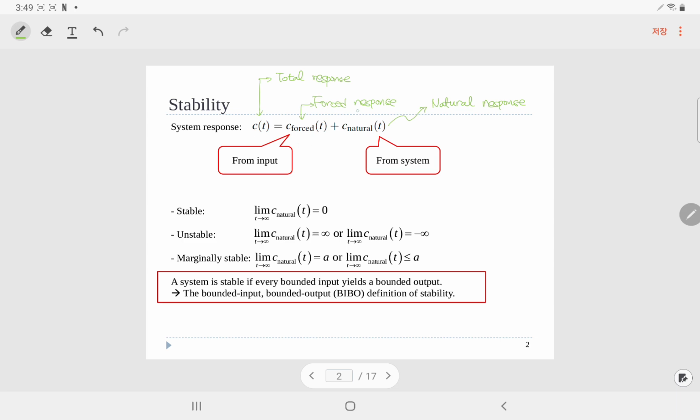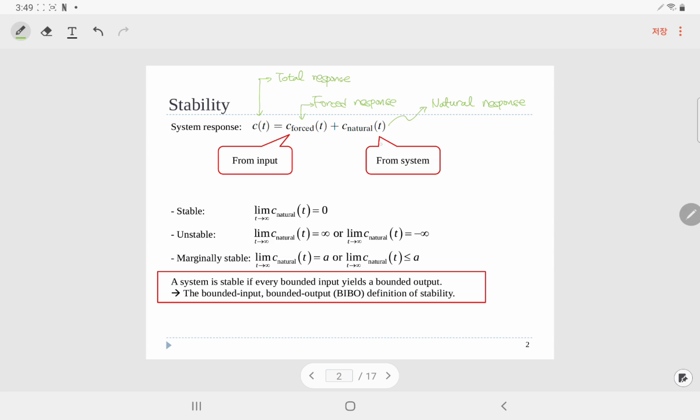Hence this relationship means that the total response of dynamic system is composed of forced response and the natural response. As you know, the forced response means the response caused by the input applied to the dynamic system.